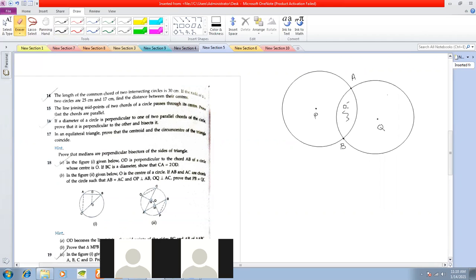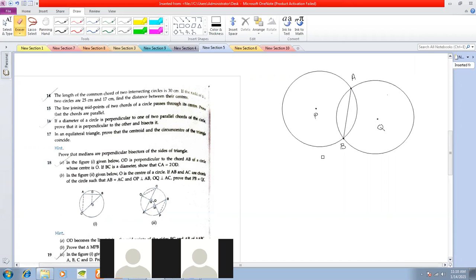In this, if I draw a chord from the points where the circles intersect, that is, they intersect at A and B, so if I join A and B, this chord is common to both circles. Okay.